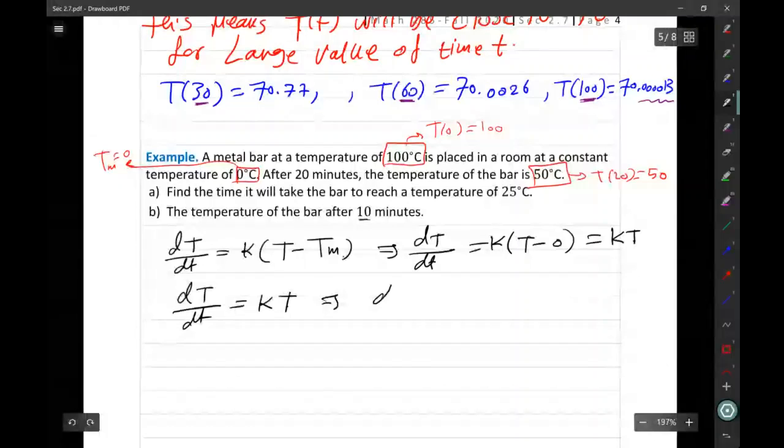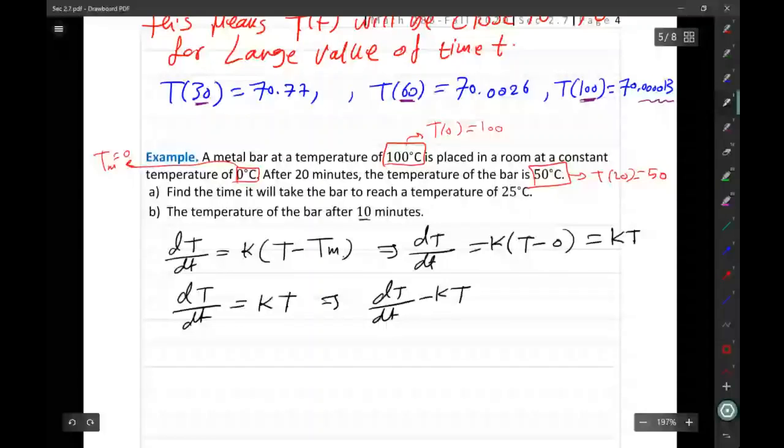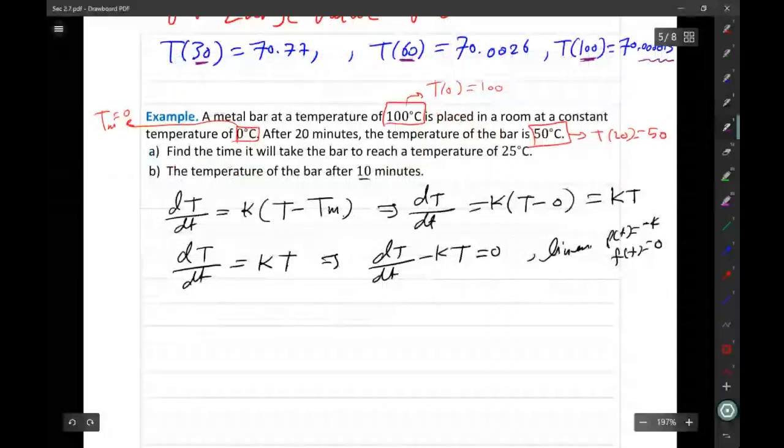It becomes dT/dt - kT = 0, which is linear, where p(t) equals -k and f(t) is equal to 0. I mean a linear differential equation. Now I need to solve it first. And to solve this differential equation, I need to find the mu of t, which is e to the power integral p dt. Yes?